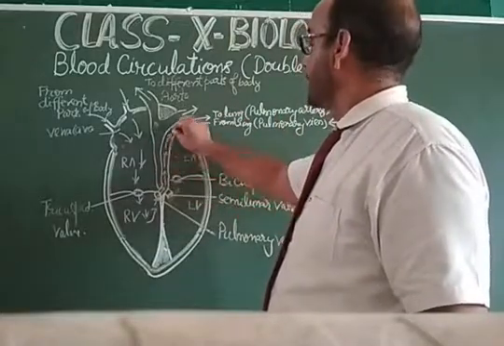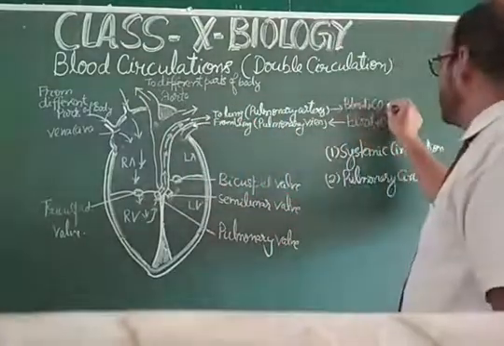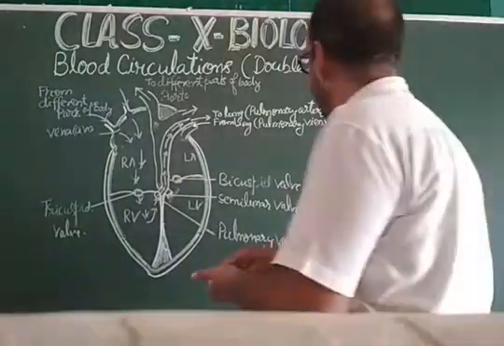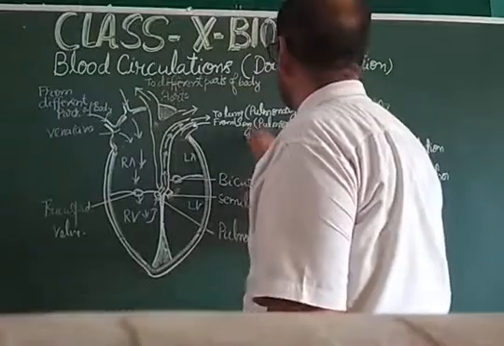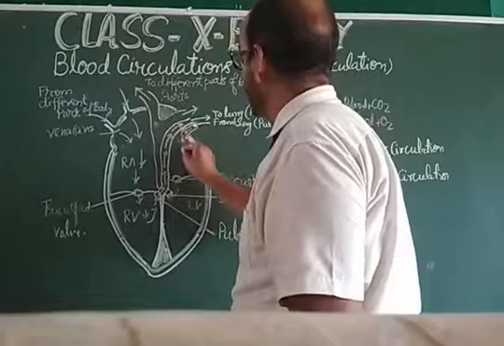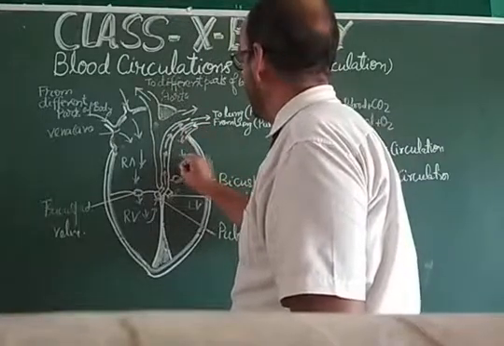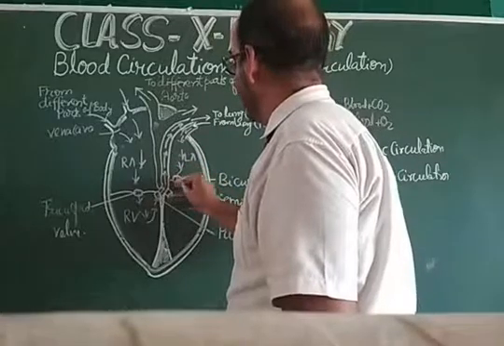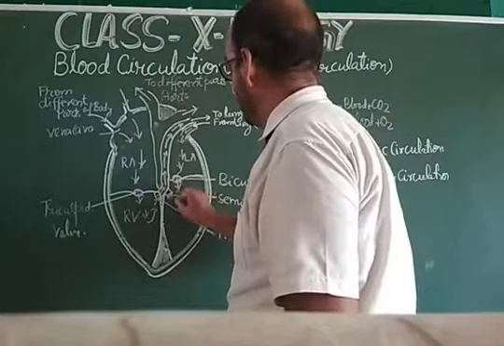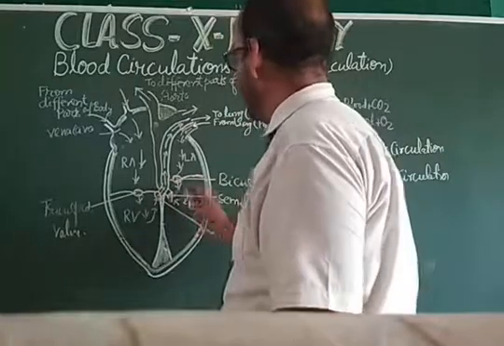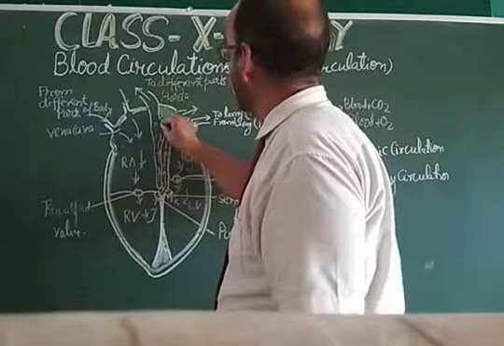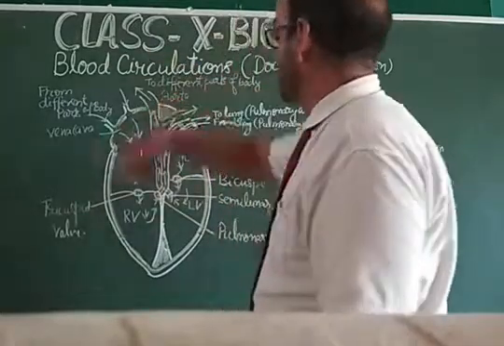That blood is containing carbon dioxide and is going to the lung. Further from the lungs the blood is coming with oxygen via the pulmonary vein, and this pulmonary vein is carrying the blood into the left atrium and going to the left ventricle, and further due to the contraction of the left ventricle the blood is going into the aortic artery or aorta and going to the different parts of the body.